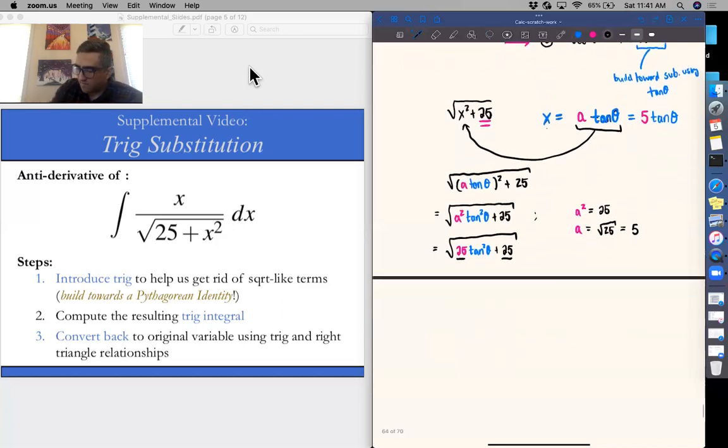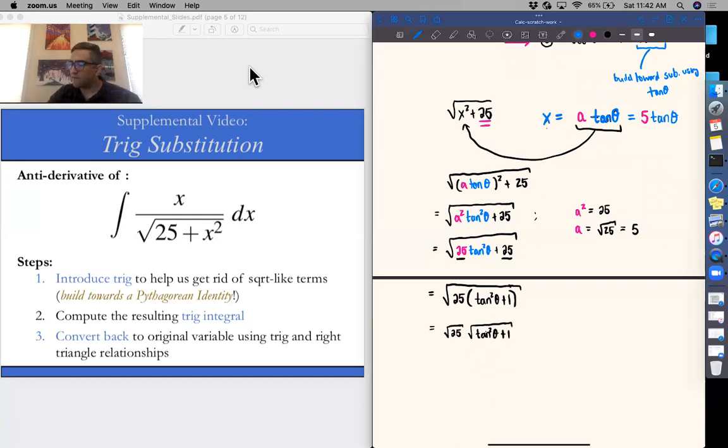So if we take that 25 from each of the terms under the square root, we get that that's 25 now times the quantity, tangent squared plus 1. And since we're multiplying two things underneath that square root, we could break that up into the product of individual square roots. So this will be the square root of 25, and then times the square root of tangent squared plus 1.